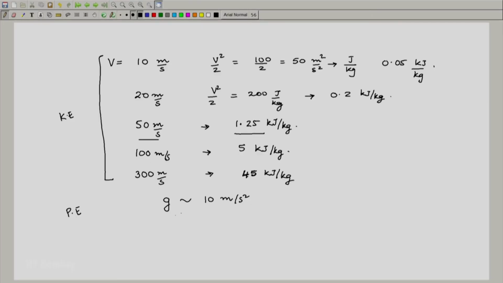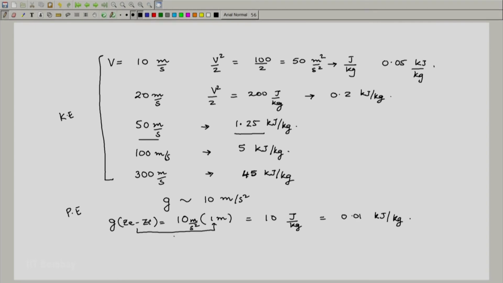If I take a meter as the height difference between Ze and Zi, this is g times Ze minus Zi, I could write as 10 times 1 meter. So, this you realize is going to be only 10 joule per kg, which is 0.01 kilojoule per kg.